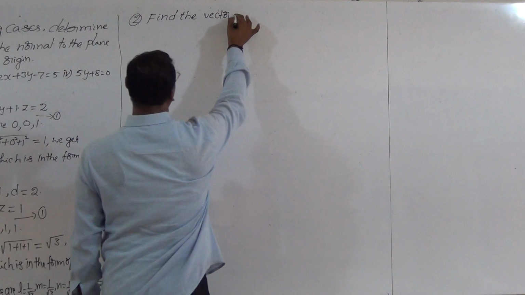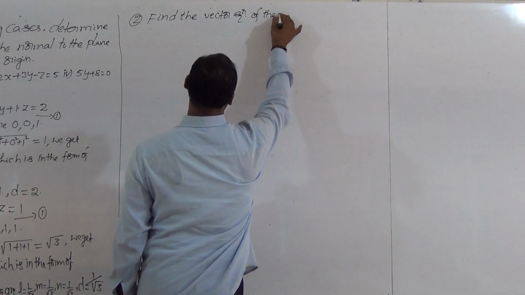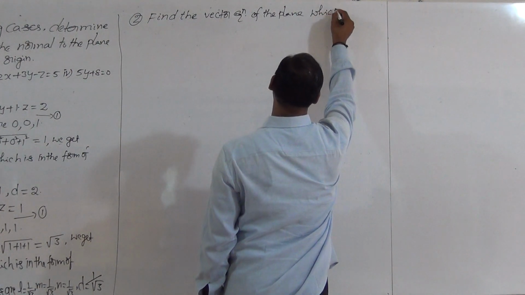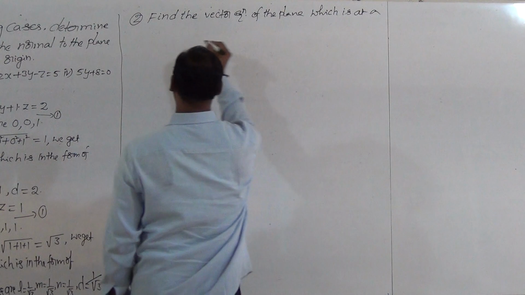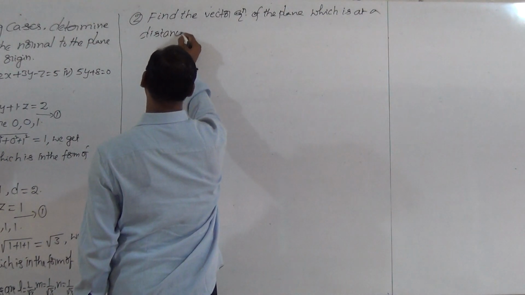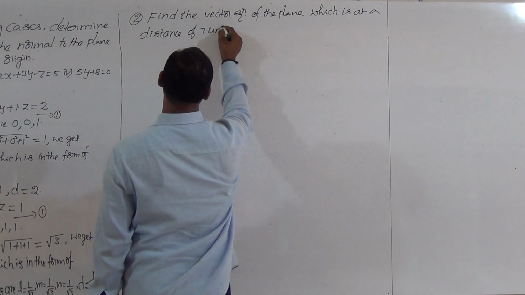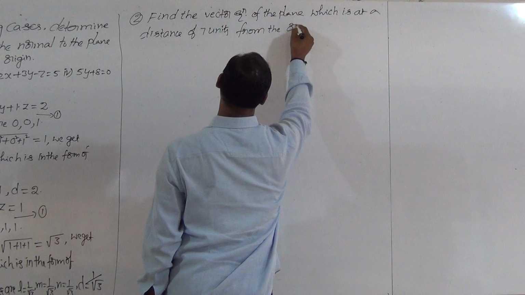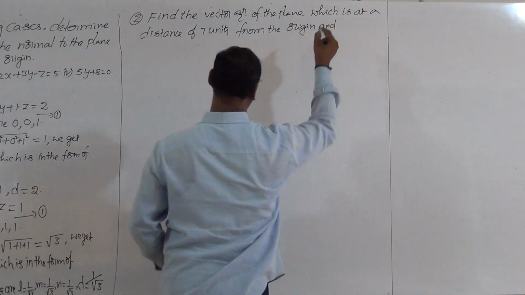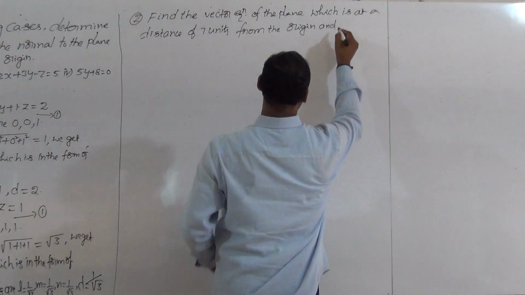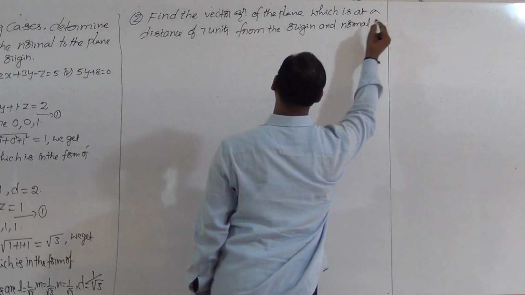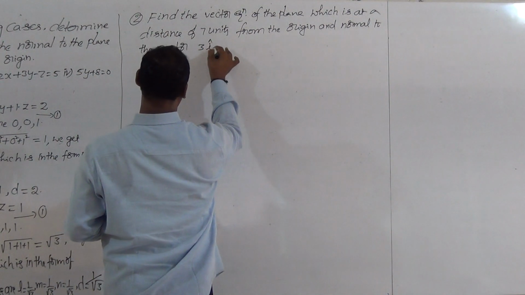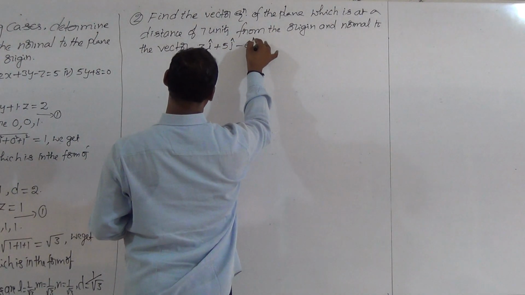Find the vector equation of the plane which is at a distance of 7 units from the origin and normal to the vector 3i plus 5j minus 6k.